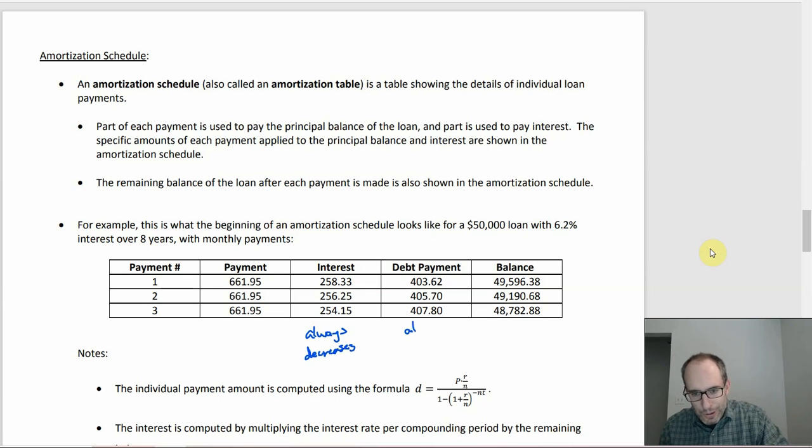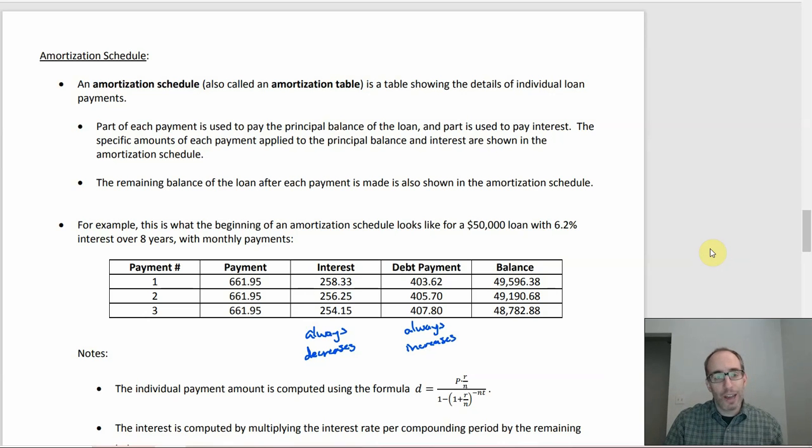And then this one always increases. And the other thing is the increments, like how much they increase or decrease, should be consistent from one period to another. If there are slight differences, it's just due to rounding to the nearest cent.